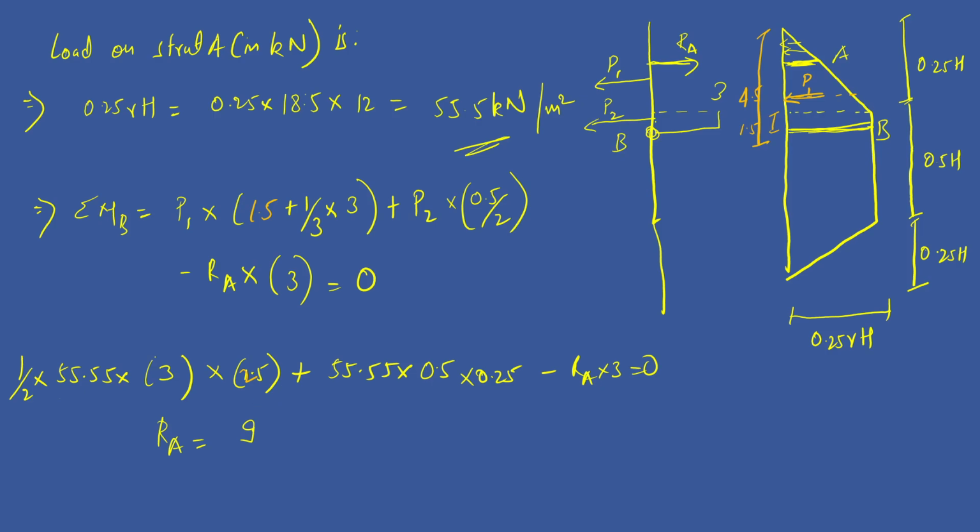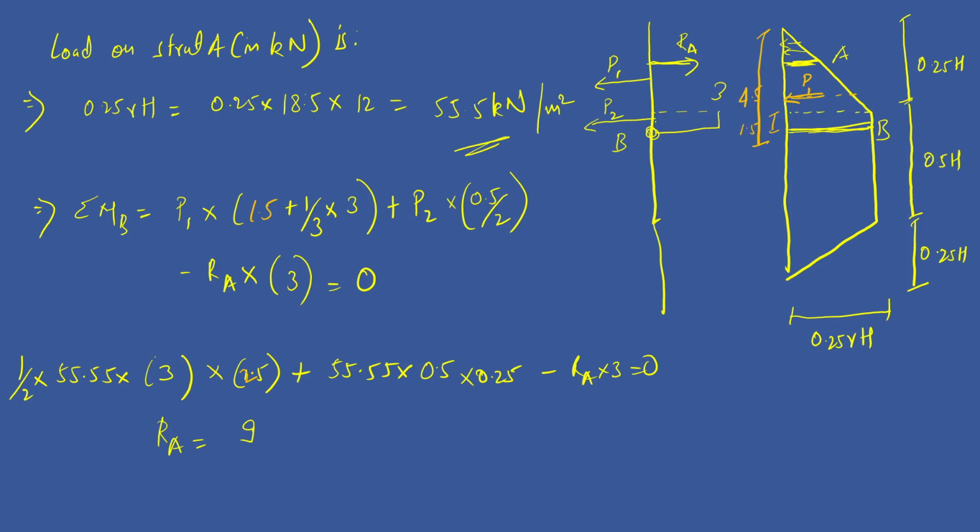So 0.5 into 55.5 into 3 into 2.5, plus 55.5 into 0.5 into 0.25 divided by 3. So that is... Any discomfort, sir?